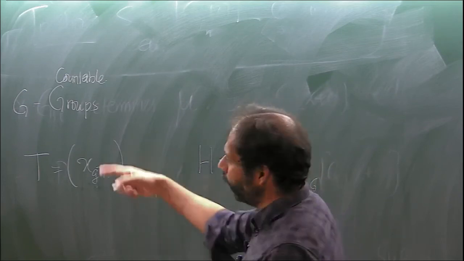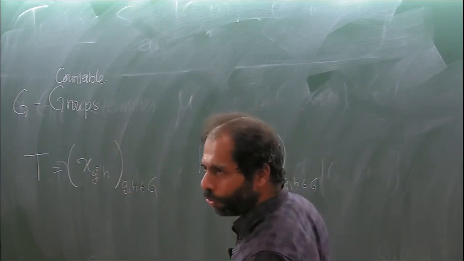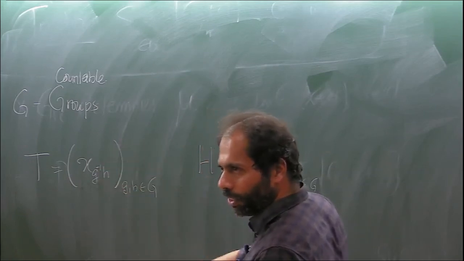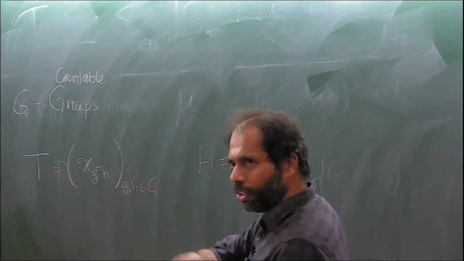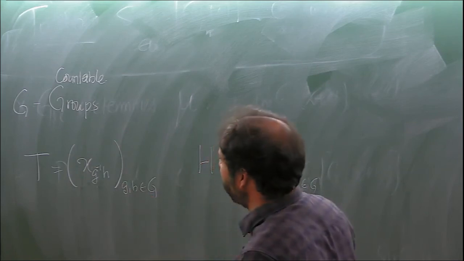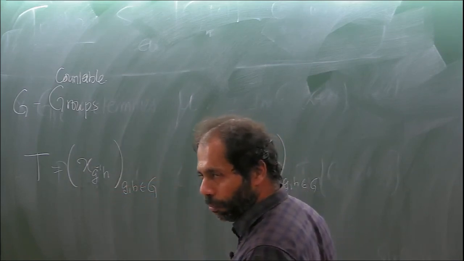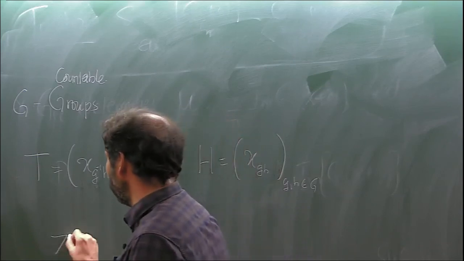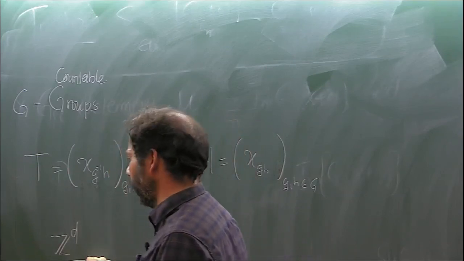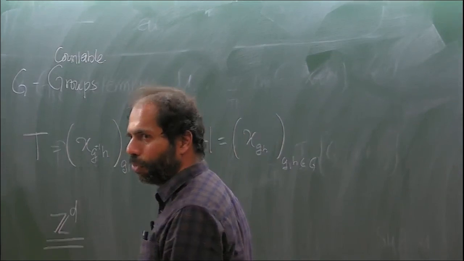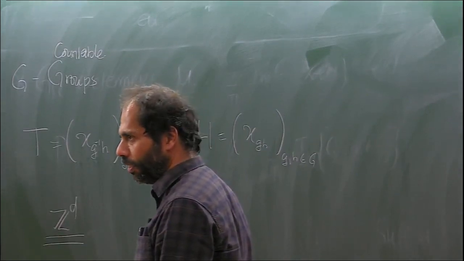If you take the group to be Z, then you get the usual Toeplitz and Hankel structures, constant on these diagonals. One can ask in a general group whether we can put IID Gaussians and do the same. What we are able to do so far is, in the case of Z^d, our techniques work, but in general, I don't know what one can say.